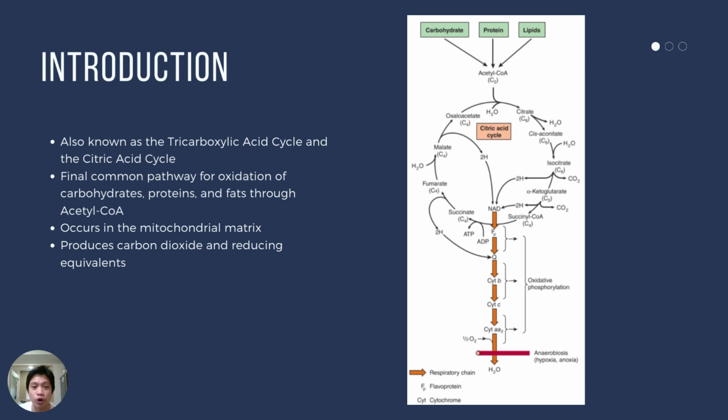Reducing equivalents are in the form of reduced NAD and reduced FAD, the two molecules that carry hydrogen into the electron transport chain, or oxidative phosphorylation, which will eventually form a chemiosmotic gradient that powers the production of adenosine triphosphate. So the end goals of this pathway are to produce carbon dioxide and at the same time, more importantly, produce the reducing equivalents, which are the major energy sources.